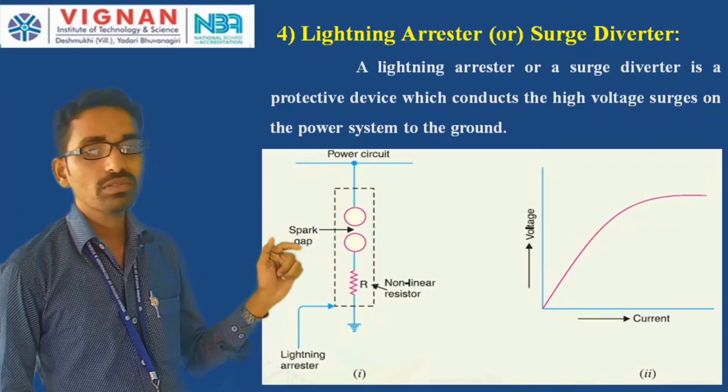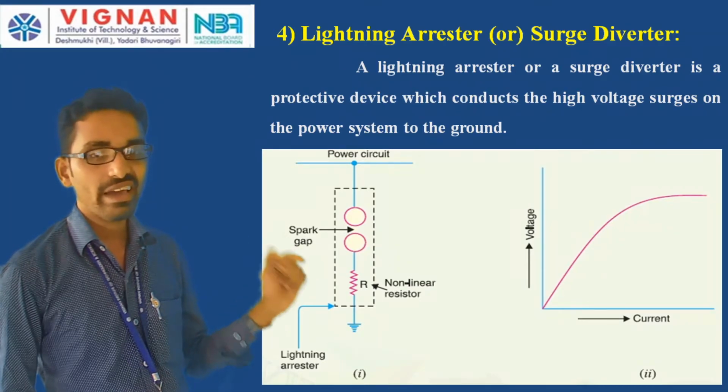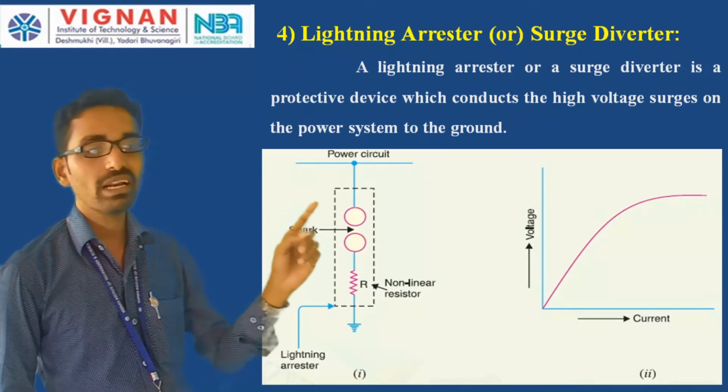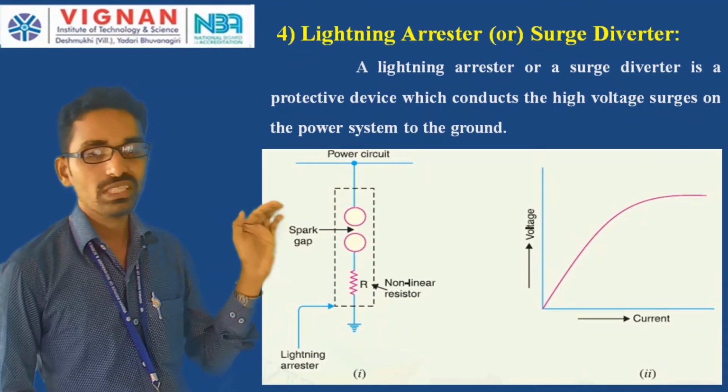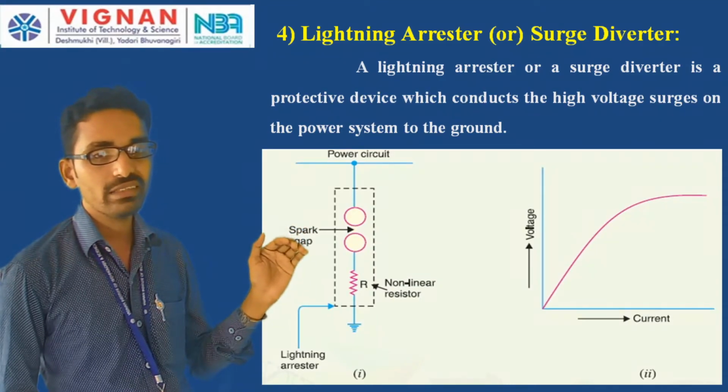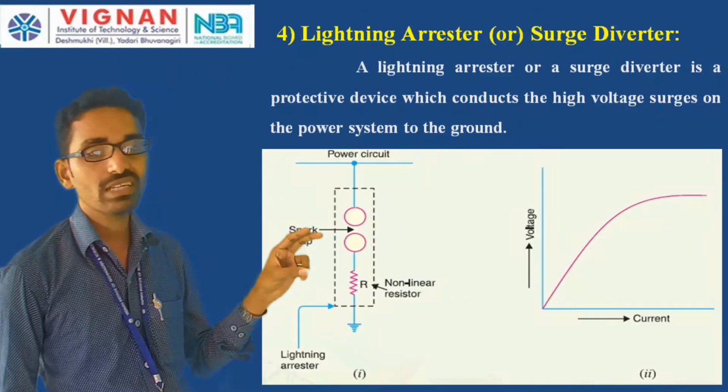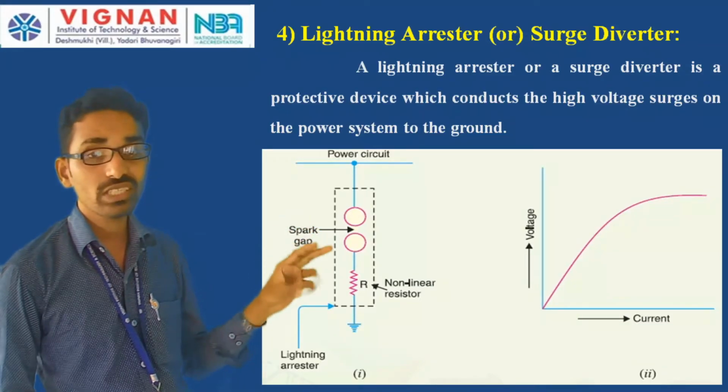That gap provides a high resistance path when the normal current flows through the circuit. So in the power circuit, if you have the normal current, then this spark gap provides a high resistance path and it does not conduct.